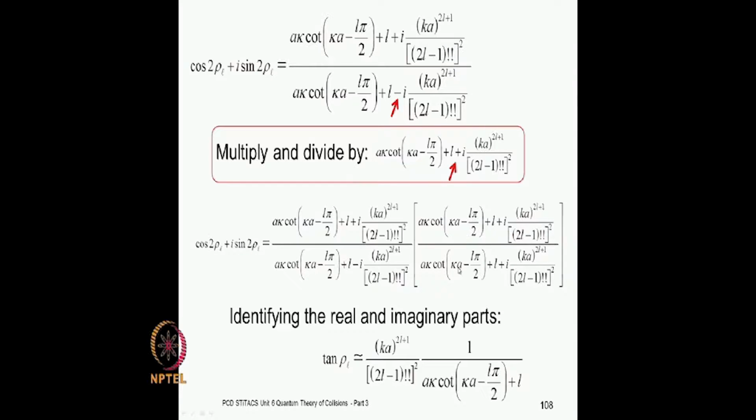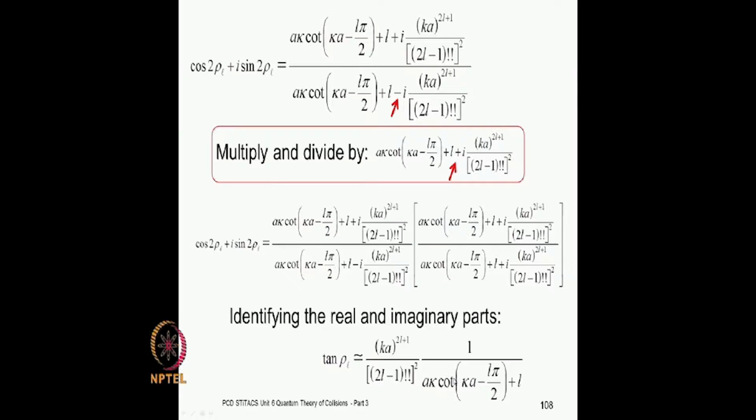The denominator is now just a modulus square, so it is a real number, and the numerator will be a complex number. And if you equate the real parts of the left hand side, which is cosine 2 rho L, with the real part of the right hand side, and equate the imaginary part of the left hand side, which is sine 2 rho L, with the imaginary part of the right hand side, and then take the ratio of sine 2 rho L to cos 2 rho L, this is what you get, okay.